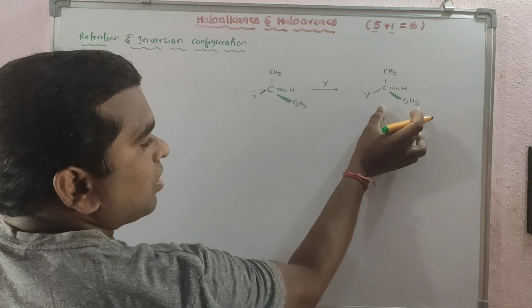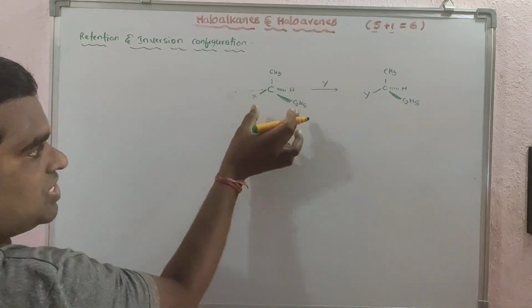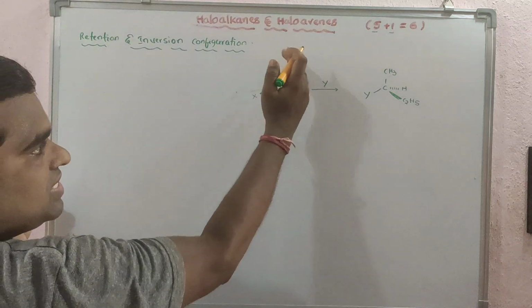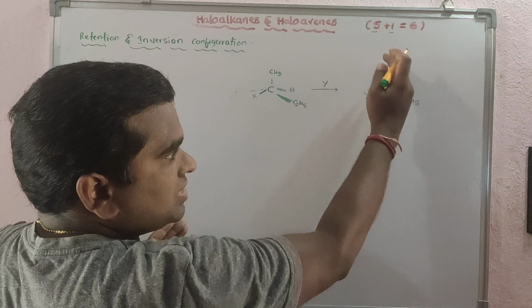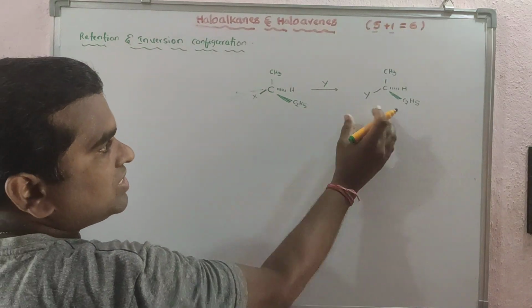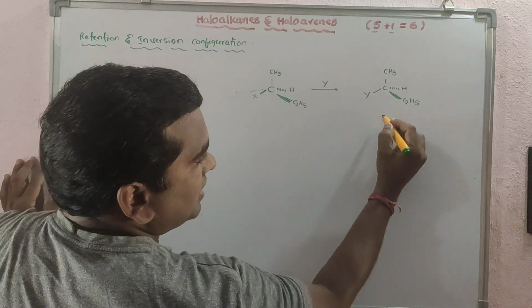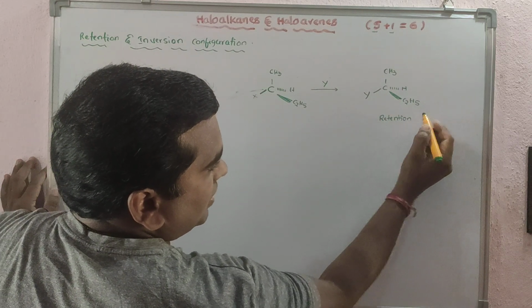If you see this compound, the configuration of this compound is not changed compared to the previous compound. You see, CH3, H and C2H5 are on the right side, and here also these three groups are on the right side. So that's why the configuration is not changed, and this molecule has a retention configuration.